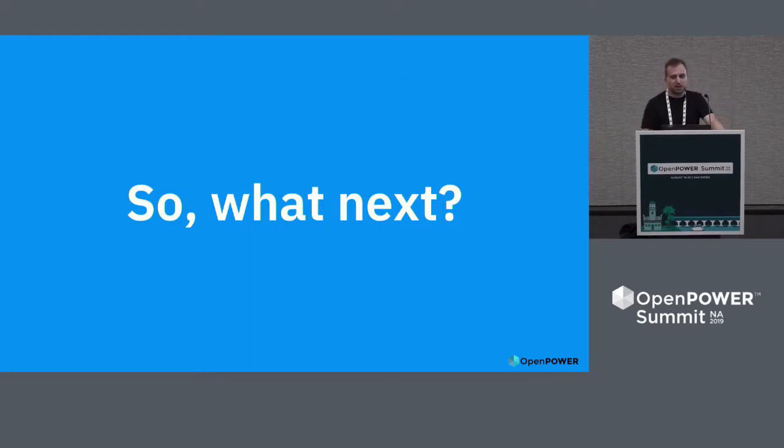Then we enable people to have access to Power for free using the public clouds that we have in some universities around the world. And now we are trying to be part of the party and join developers where they are.